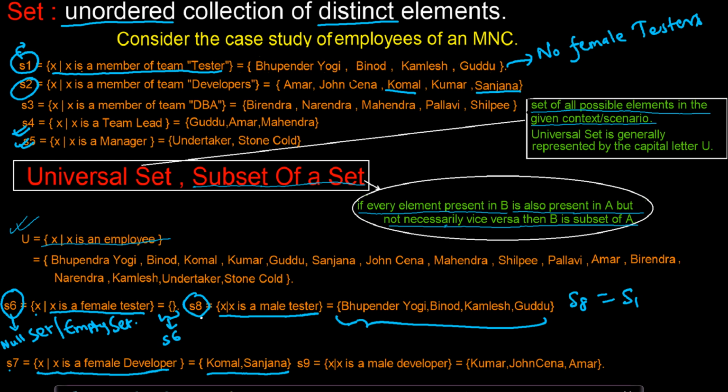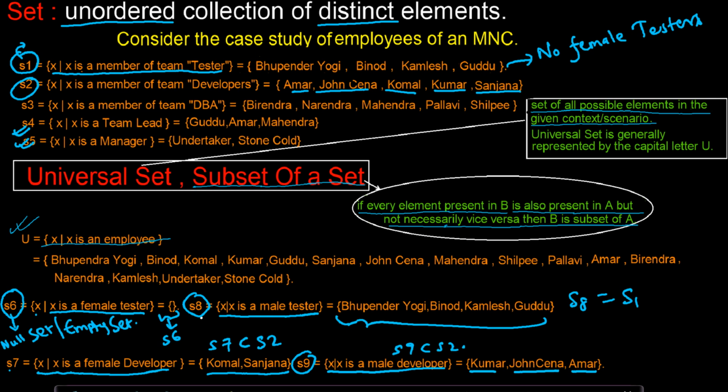So S7 is a proper subset of S2. Okay, what is S9? S9 is X such that X is a male developer, which is Kumar, John Cena and Amar. So S9 is a proper subset of S2.